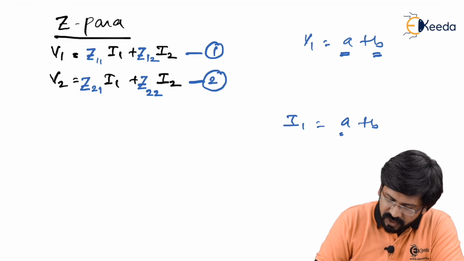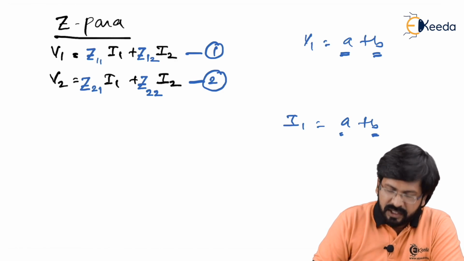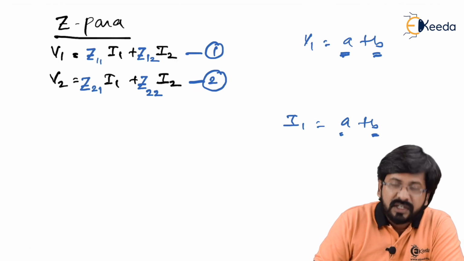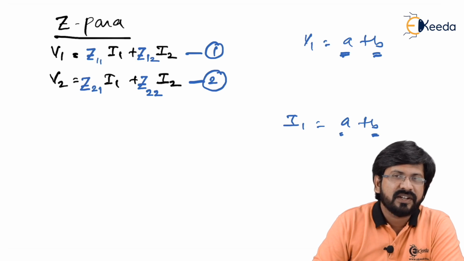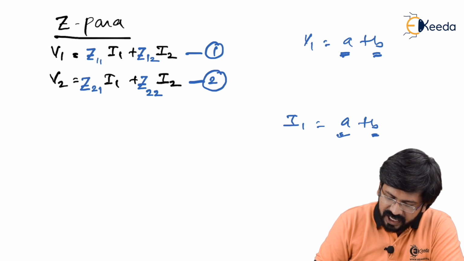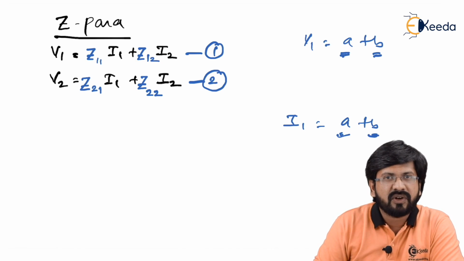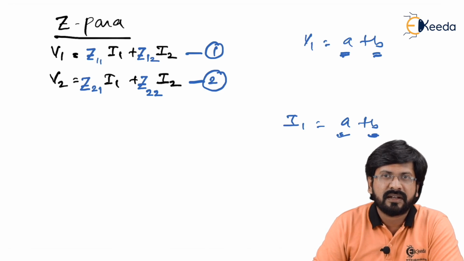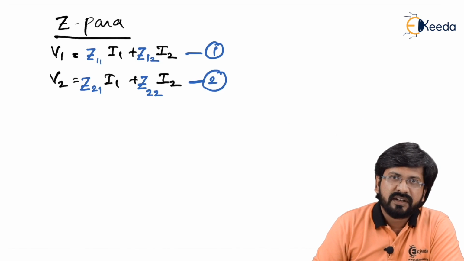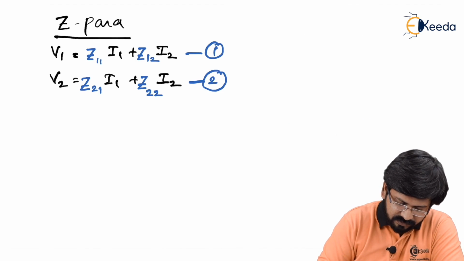When we add two voltages, we add them only when two voltage sources are connected in series. Whereas two currents, A and B, get added only when it is a part of a parallel circuit. That's the reason why I said that a voltage equation gives you a series circuit and a current equation gives you a parallel circuit. So let's start drawing the equivalent circuit.